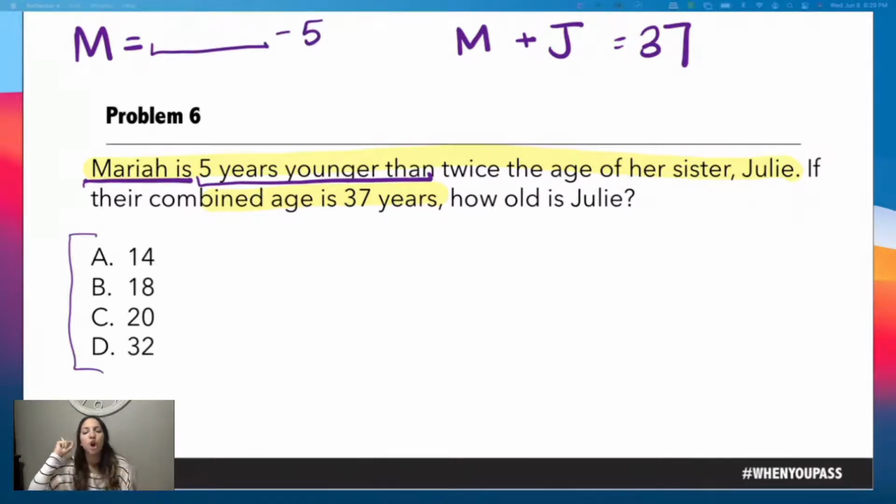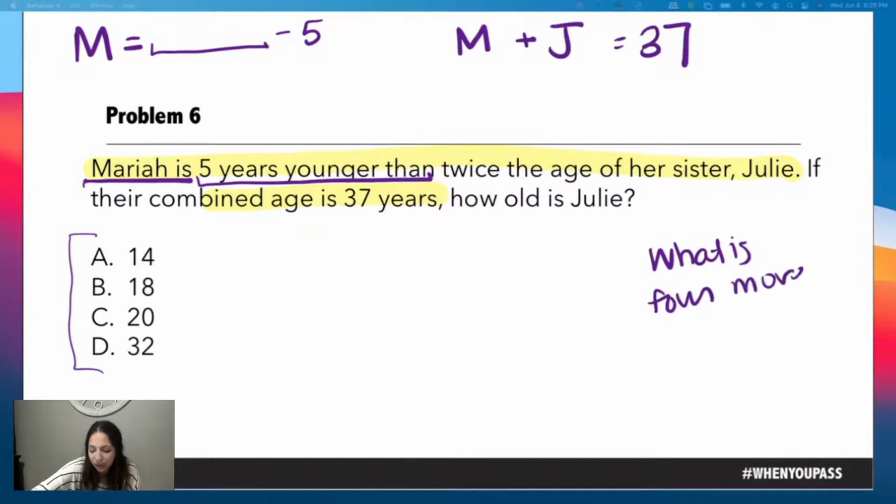We talk about this almost every single week because it is one of the most common mistakes I see people make. So 5 years younger than. Let me talk about this. If I said, what is 4 more than 8? What would you tell me?